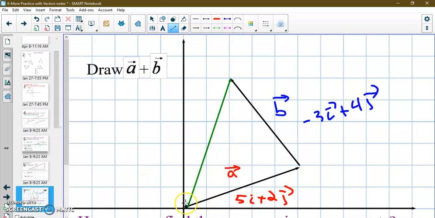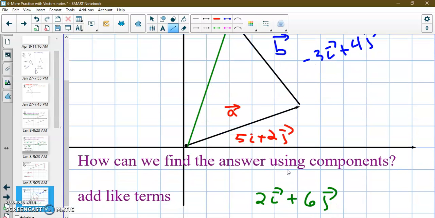Now, if we look at the components here, the same way we did A and B, we see we go to the right 2 and up 6. So that would be 2i plus 6j. Well, let's take a look at what happens if we just add these two vectors' components together. We can just add these like terms.